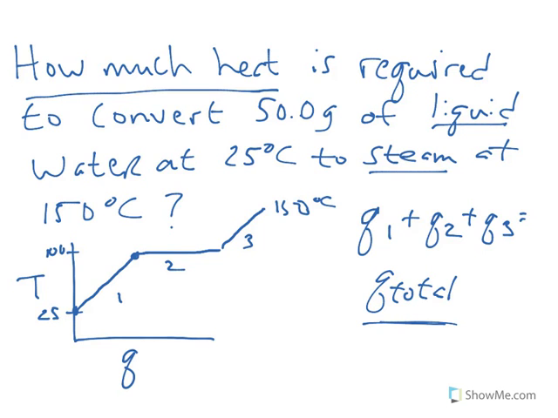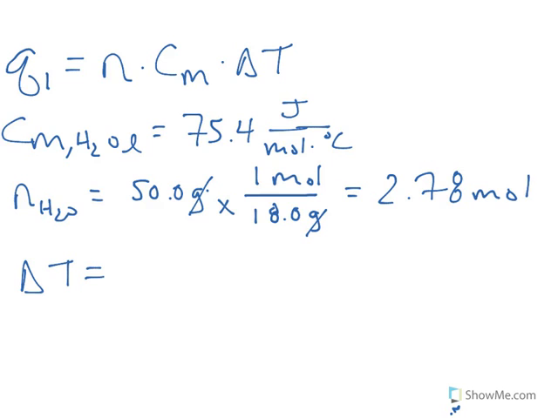So your final temperature on leg 1 is actually 100 degrees. So it's 100 degrees C minus 25 degrees C, and that is going to give me 75 degrees C. Is degrees C okay? Yes, because the molar heat capacity constant has degrees C in it.